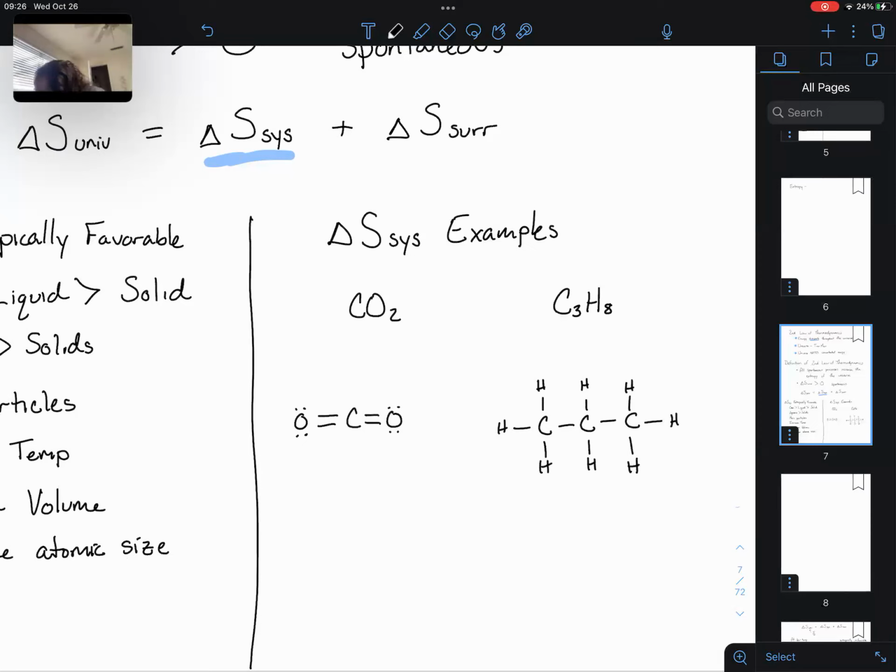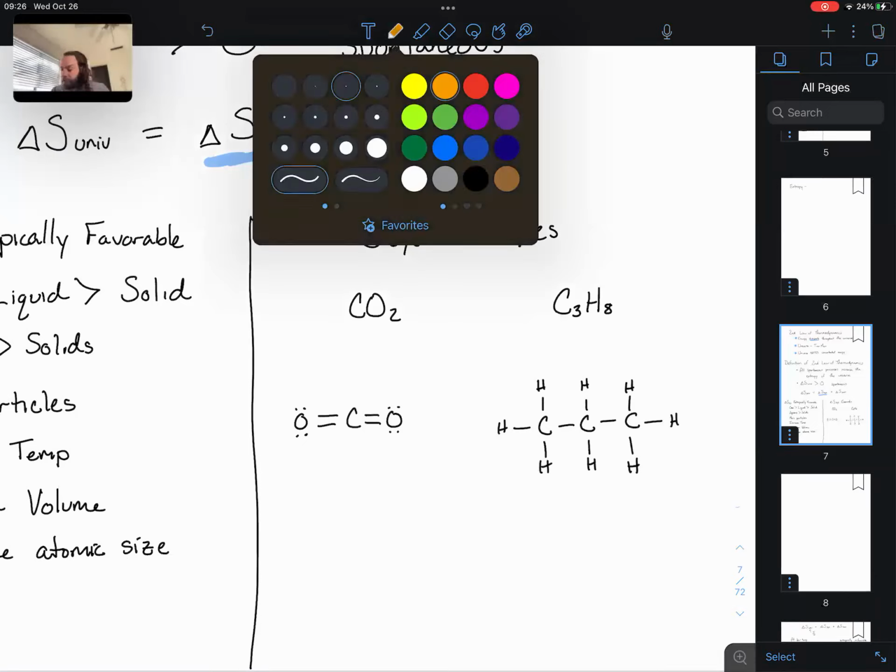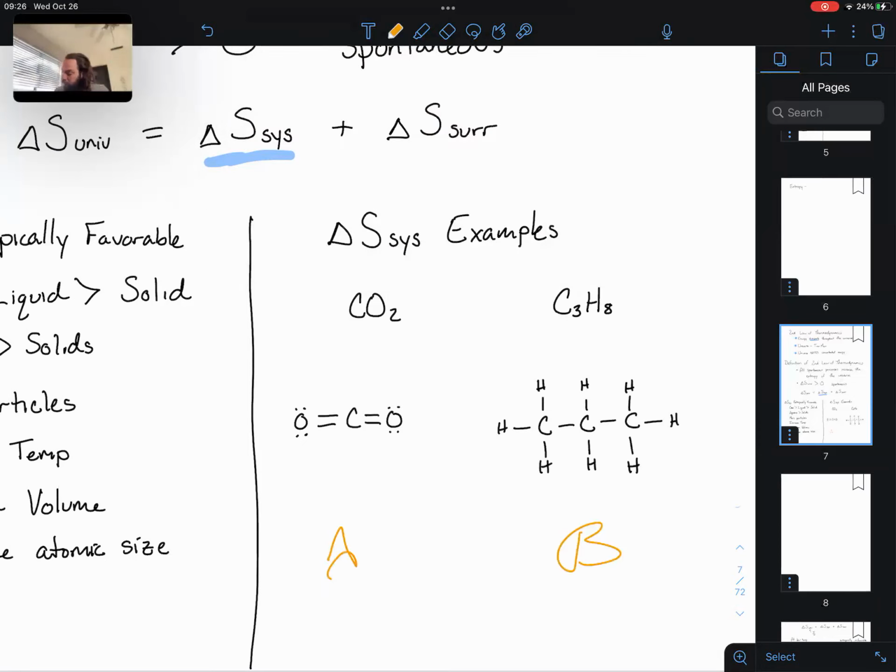All right, and this is a really tough one, but I'm just curious to see how y'all do. So again, we're going to do a clicker thing, A or B. You're going to tell me which molecule you think has more entropy.